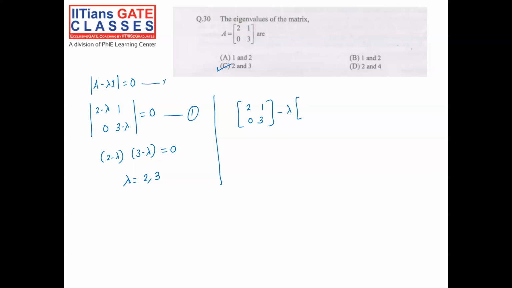We can clearly see, in equation A, we are subtracting lambda times the identity matrix from the matrix A. If you solve this, we end up with equation number 1: 2 minus lambda, 1, 0, and 3 minus lambda. And if you take the determinant and equate it to 0, we'll get this answer.